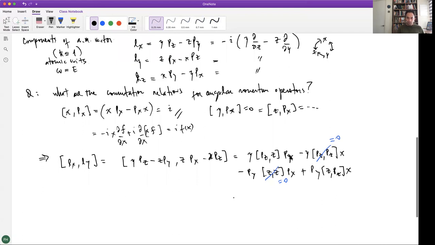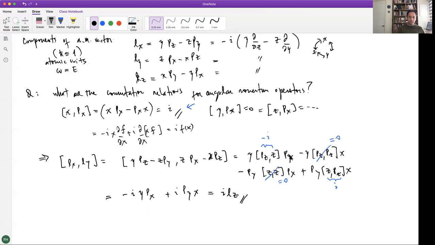you have that the commutator of L_x and L_y is going to be equal to iℏ minus iℏ y p_x plus iℏ p_y x, and that's because this thing here is equal to minus iℏ, and this thing here is equal to iℏ, according to this previous result here, and that's equal to iℏ L_z.